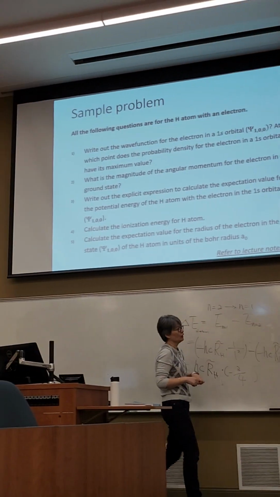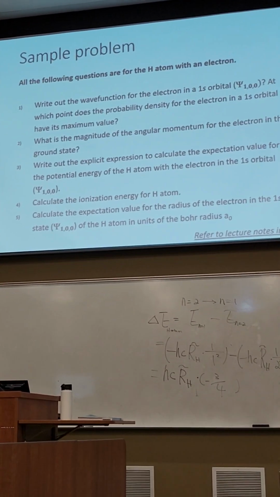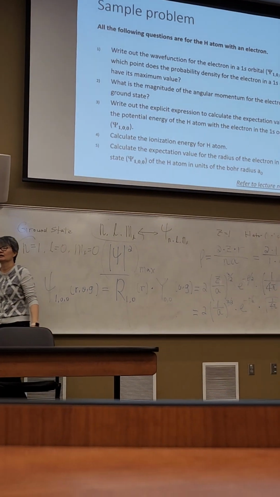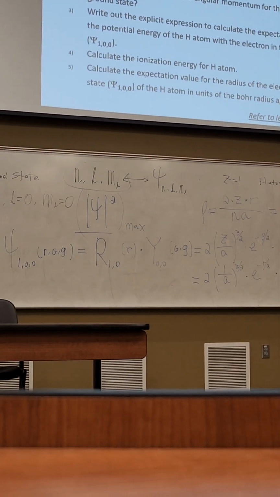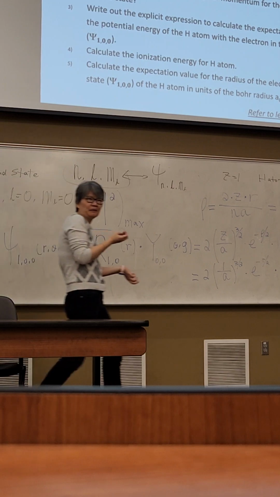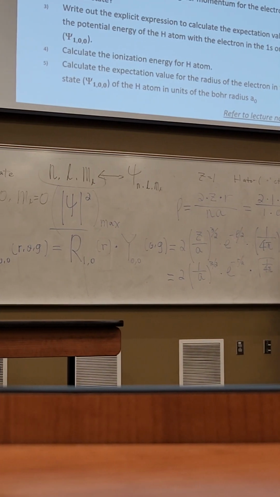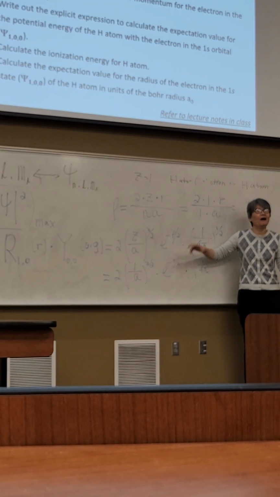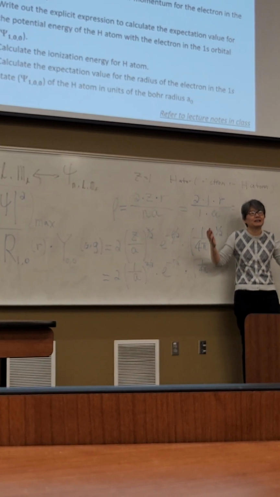Now, how are we going to find the maximum for the square modulus of this wave function? How are we going to do it? Then we need to evaluate. Sometimes you find the maximum by setting the derivative equal to 0 and checking the inflection point. Or for this one, I think I can just eyeball it. Why can I eyeball it? The wave function depends on r, and r is in an exponential function.